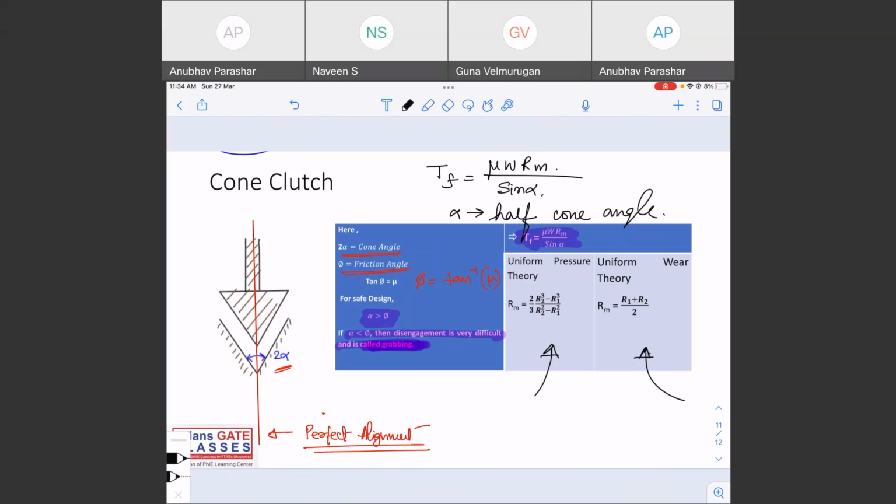So no more new concepts in machine design. Just revise whatever has been taught in class. That is more than sufficient.